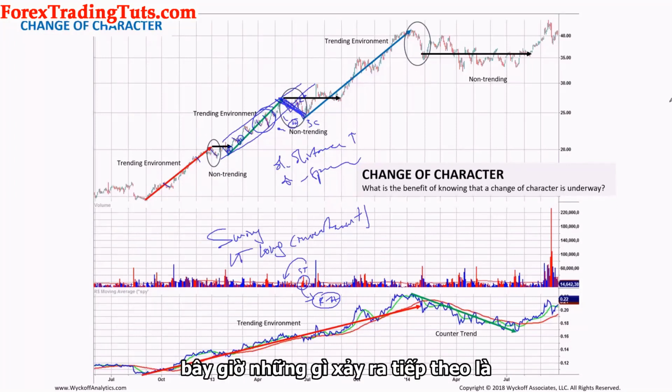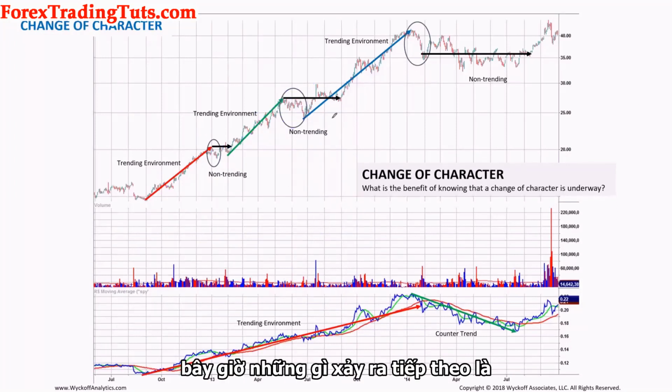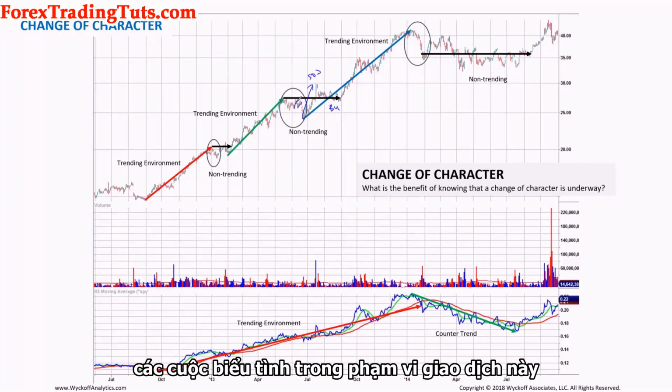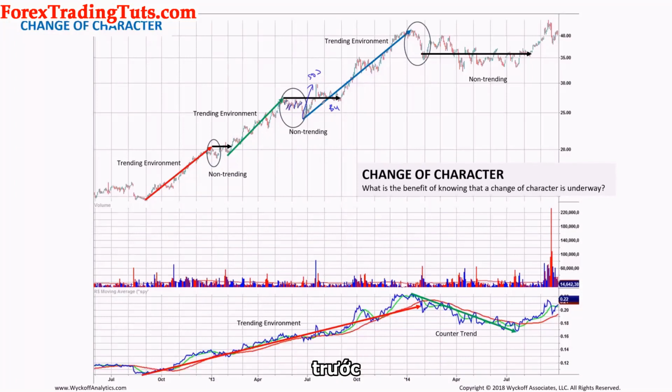Now, what happens next is so amazing because the next rally suggests a sign of strength being followed by the backing up action. And if we look at all of the rallies in this trading range that precede, we could say that this is the largest rally. So therefore, the price behaves differently.